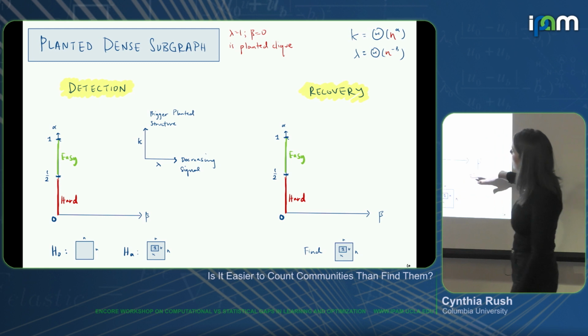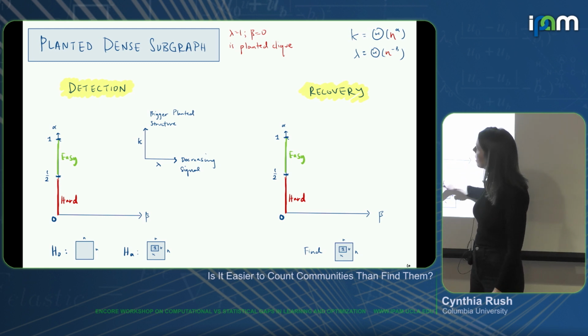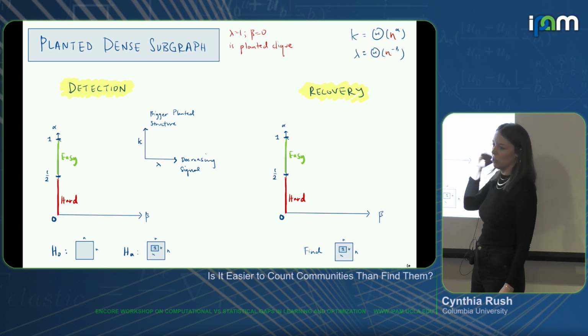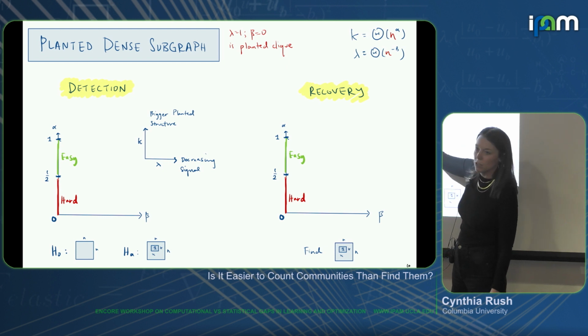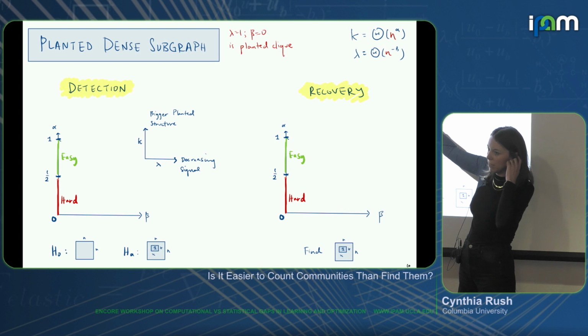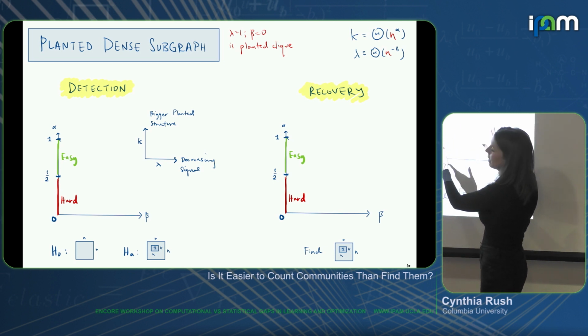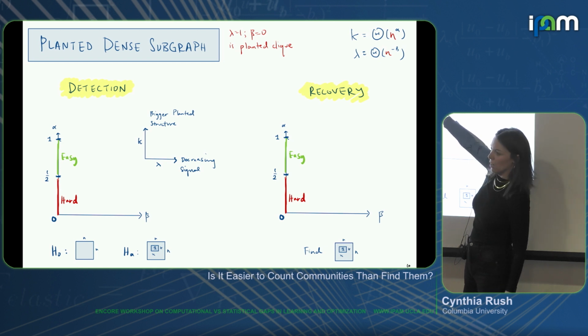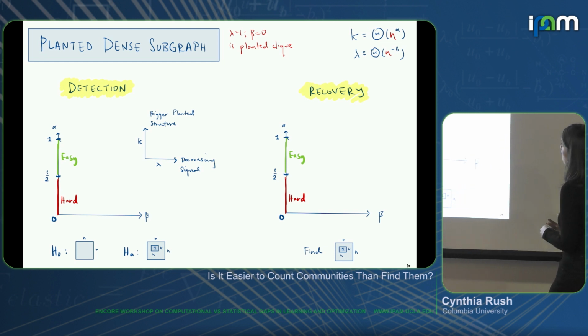The x-axis is the signal strength, and as it goes this way, the signal strength decreases, so the problem gets harder. The y-axis is the size of the planted structure, and as it increases you get a bigger planted structure, so the problem gets easier. So in these phase diagrams, the top left is the easy problem and the bottom right is where the problem gets hard.